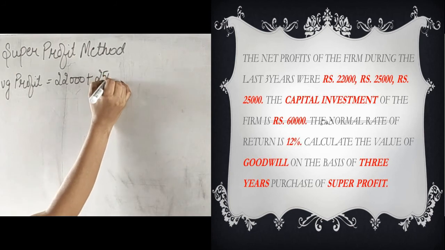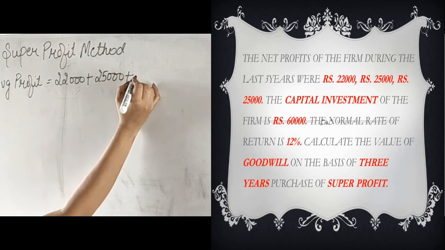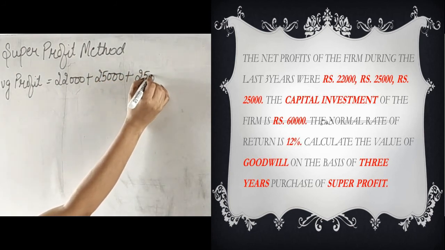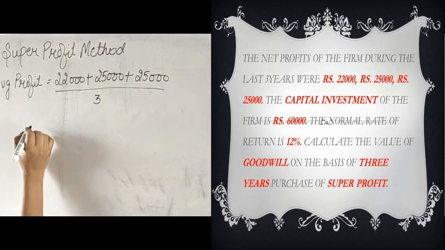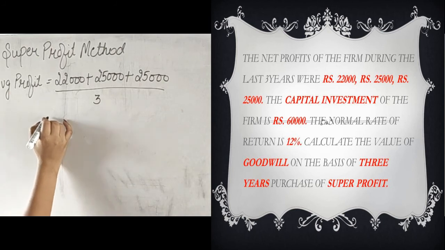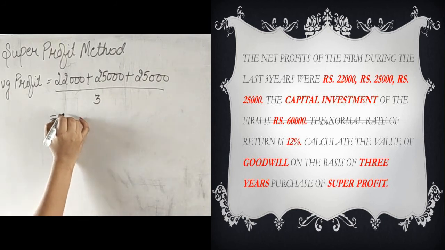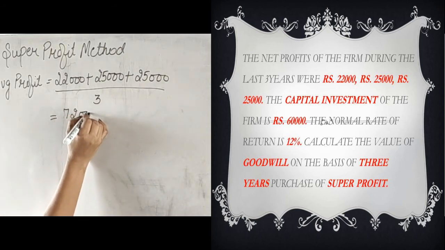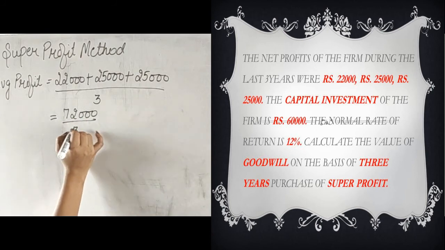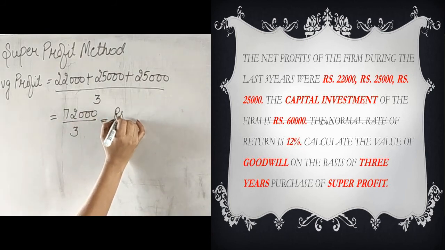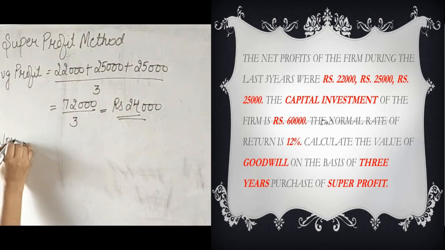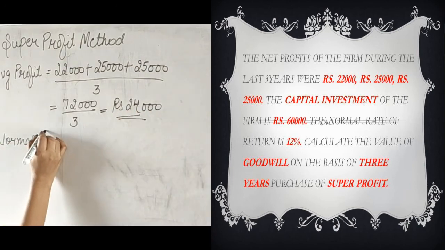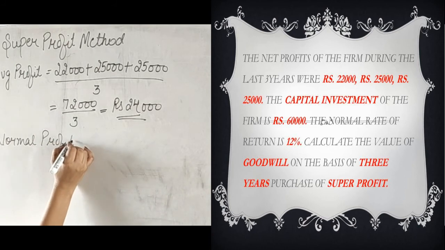Average profit is equal to 22,000 plus 25,000 plus 25,000 divided by 3. That is 72,000 divided by 3. Now the actual profit is equal to rupees 24,000.